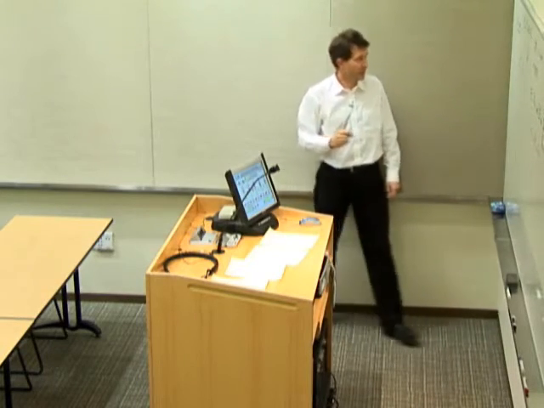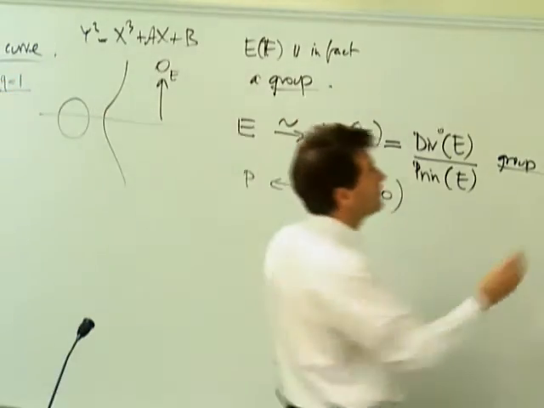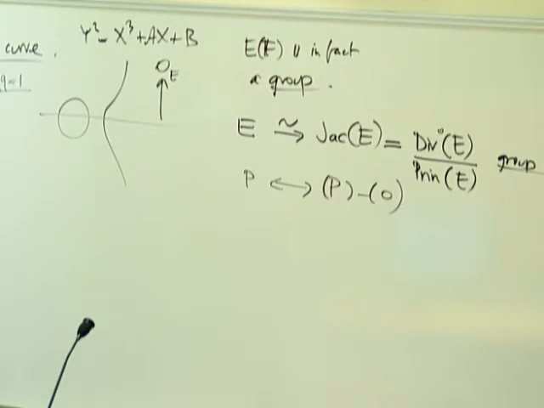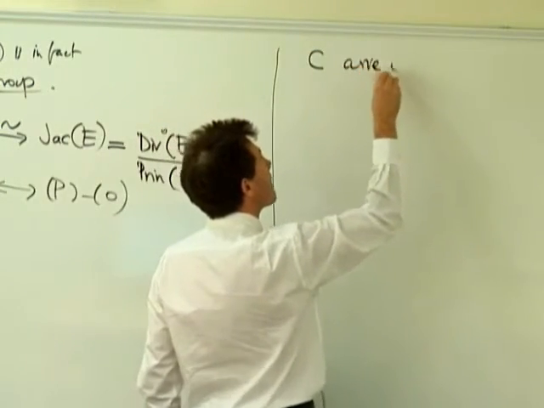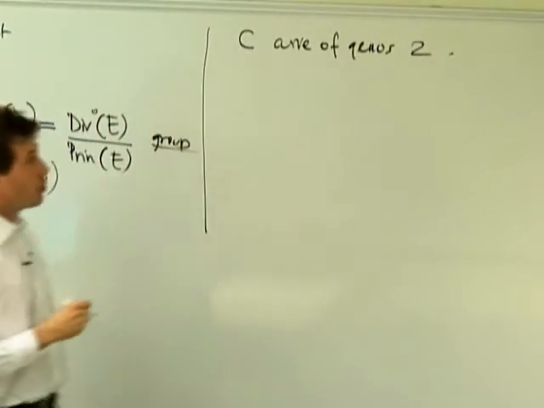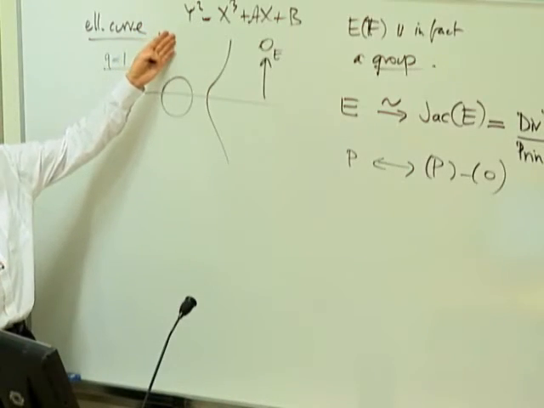For genus 2, this being the genus 1 case, you get two problems, and these two problems are exactly the topics of this talk and the next talk. So if your C is a curve of genus 2, first of all, there's a similar model, a Weierstrass model. Genus 2 curves are also hyperelliptic.